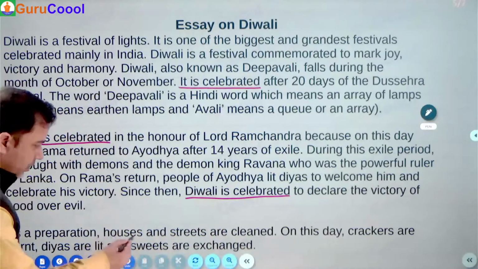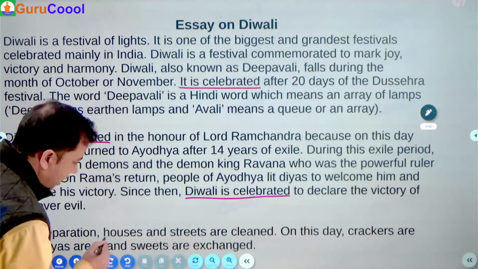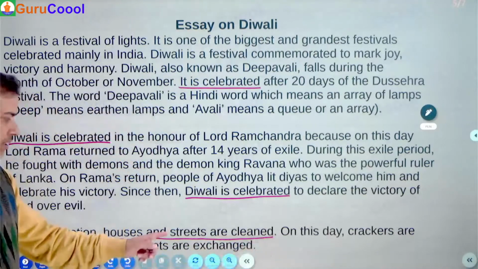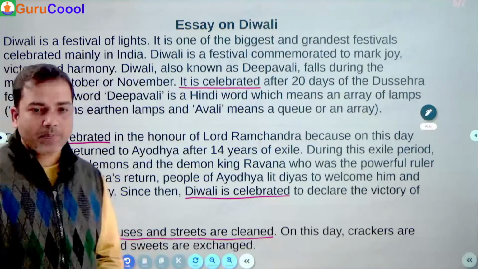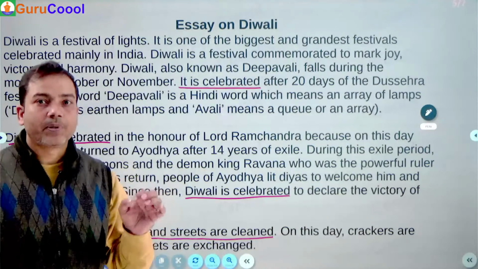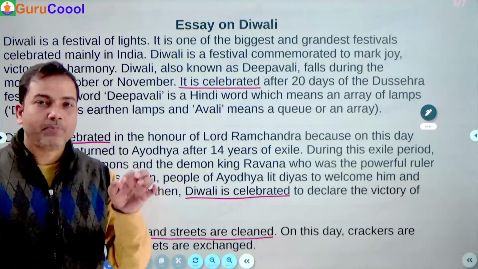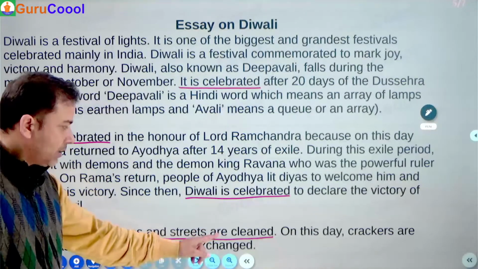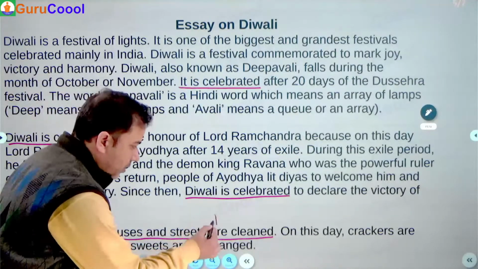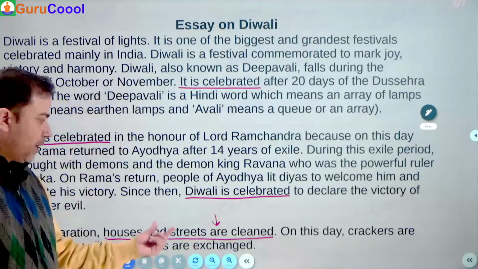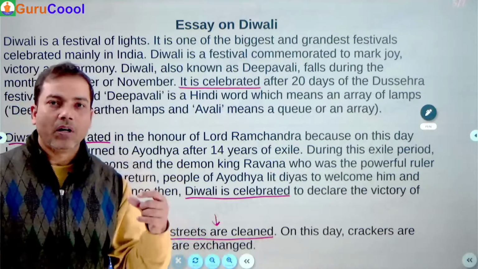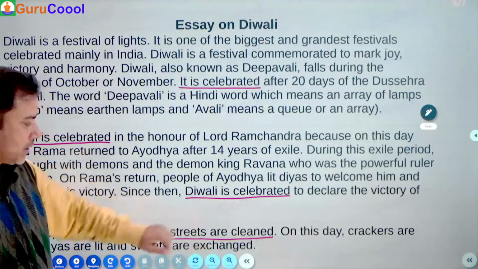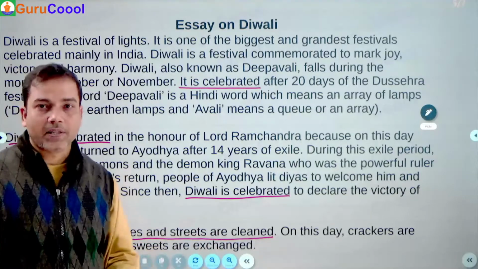This part of the sentence is simple present tense passive voice, not past. Are here is indicating it is present. If it were past, it should have been was or were, but we have are, so it is simple present tense passive voice.